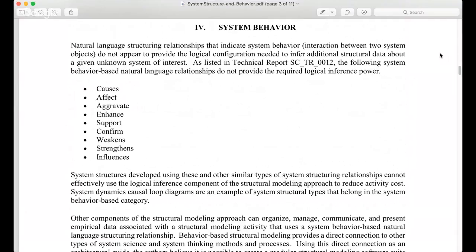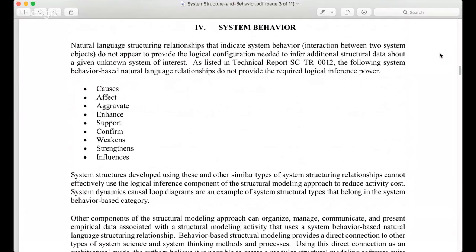So what we found is that when we apply the types of logic that we use in the global relationships, we're not really able to reproduce the results. You can get different types of outcomes.